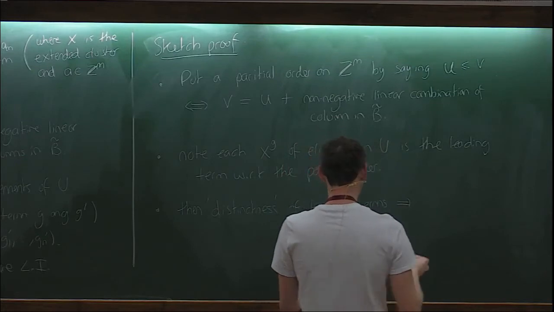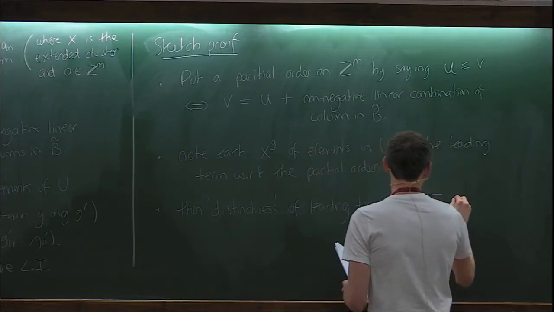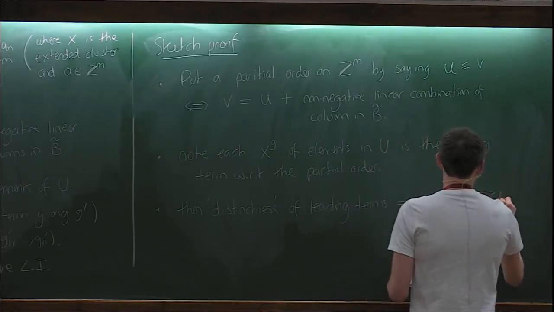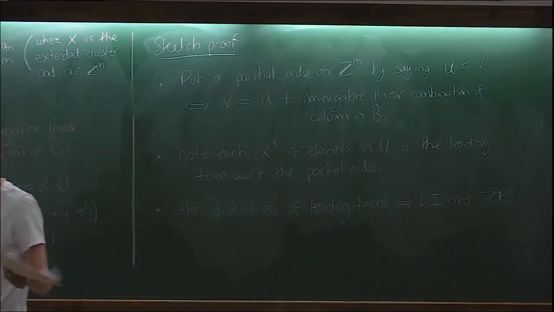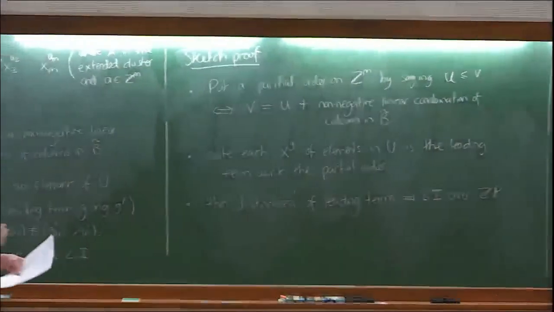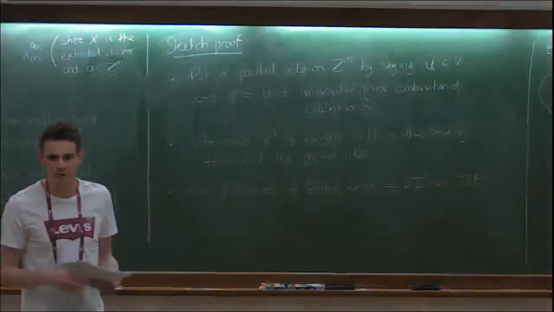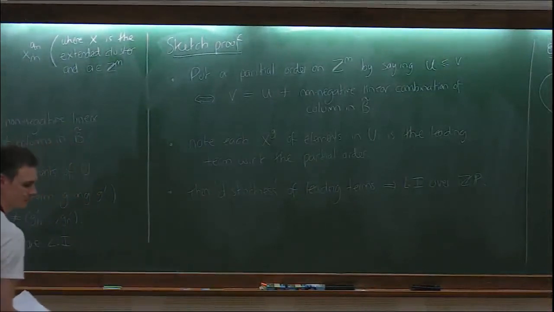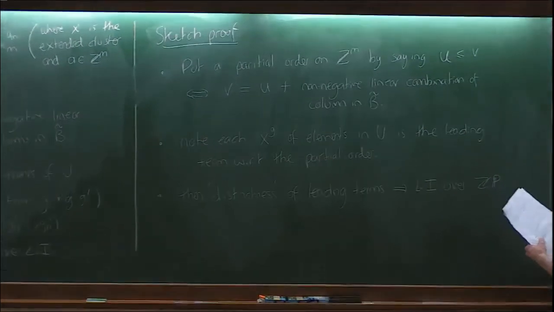Distinctness of the leading terms implies linear independence over the coefficient ring. Just because if we took any collection of U, there would be at least one minimal term that we wouldn't be able to get rid of without the coefficient being 0.